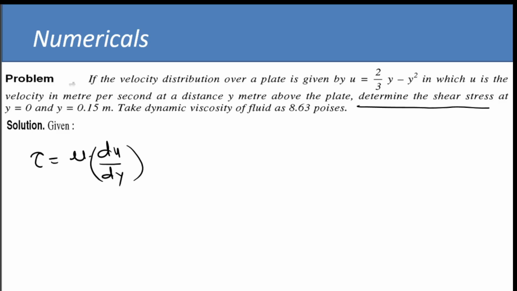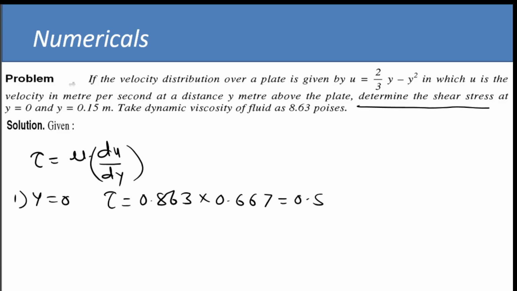So, shear stress when y is equal to 0. So, tau is equal to mu, 0.863, and the value of du by dy was 0.667. So it becomes 0.5756 Newton per meter square.